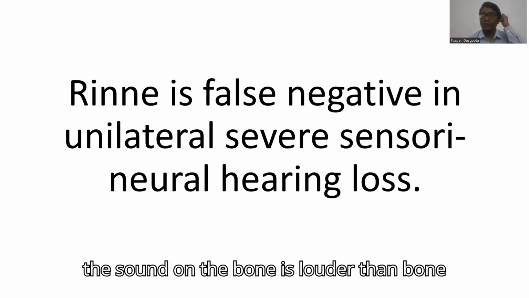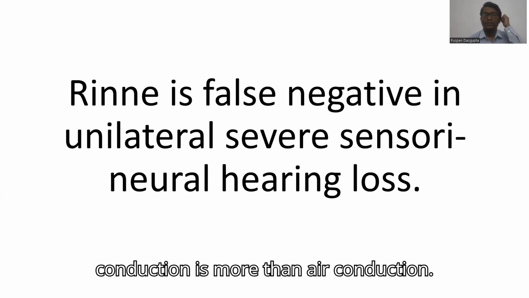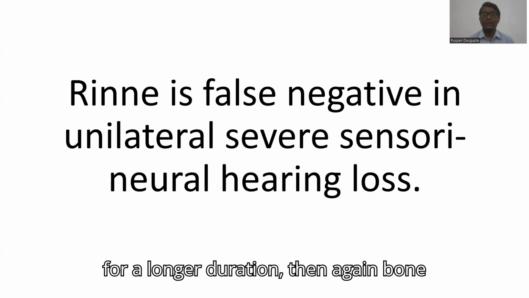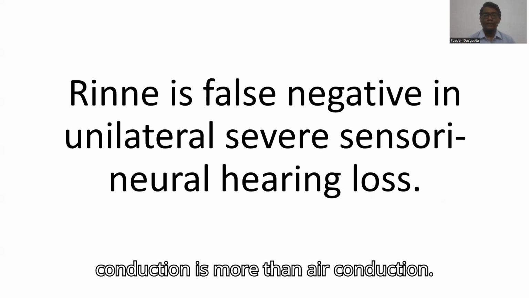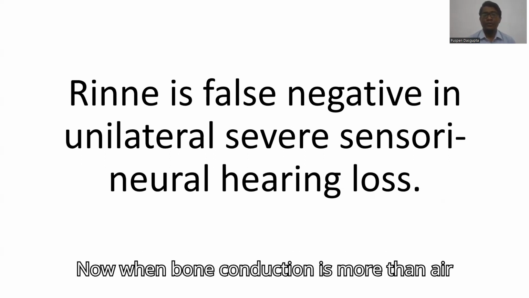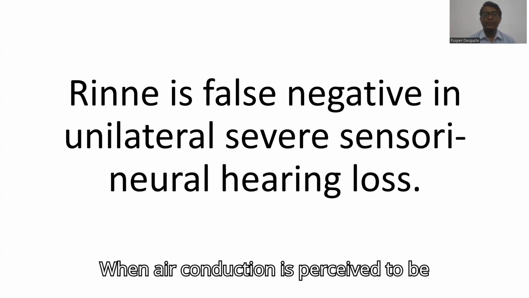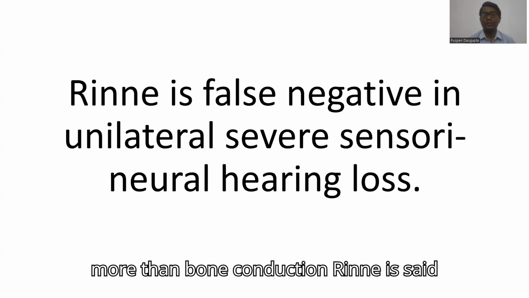If the sound on the bone is louder, then bone conduction is more than air conduction. If the sound on the bone is perceived for a longer duration, then again bone conduction is more than air conduction. Now, when bone conduction is more than air conduction, Rinne is said to be negative. When air conduction is perceived to be more than bone conduction, Rinne is said to be positive.